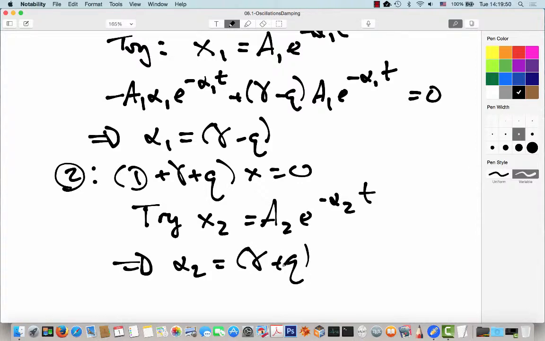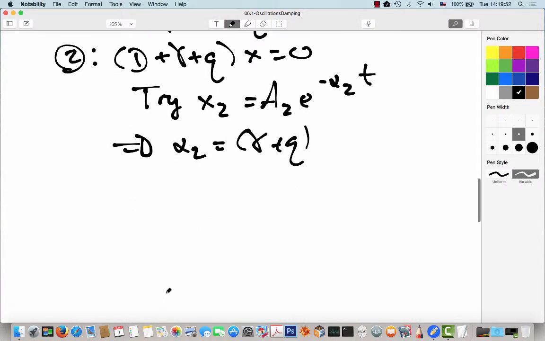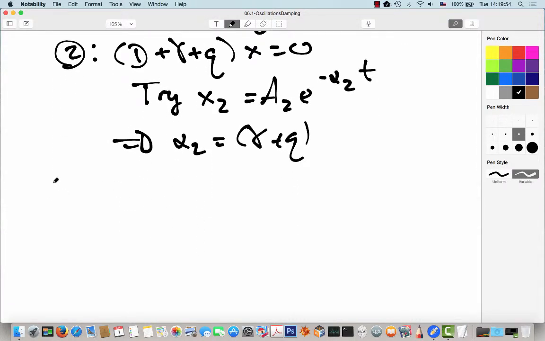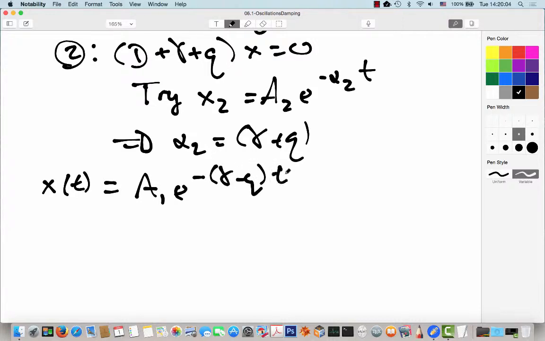All right, so the complete solution is going to be a linear combination of these two separated solutions. So x of t will be equal to some a1 e to the minus gamma minus q t plus a2 e to the minus gamma plus q t.